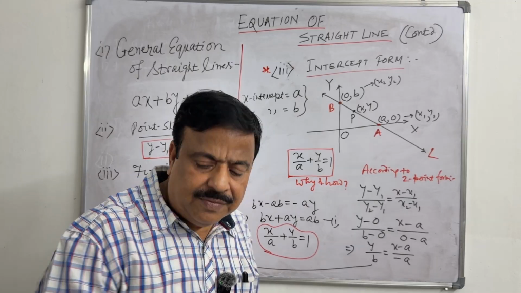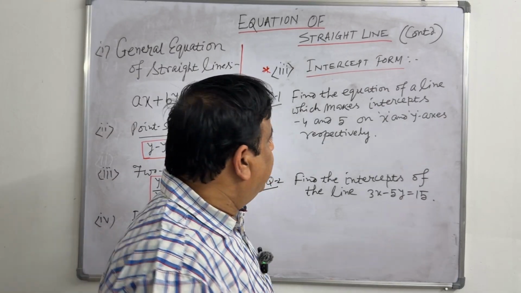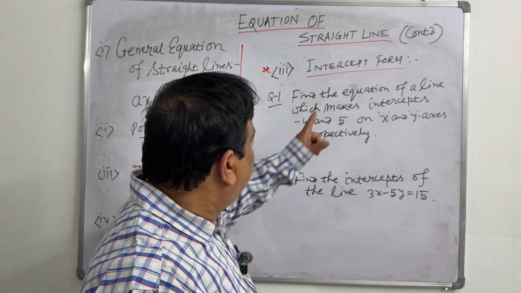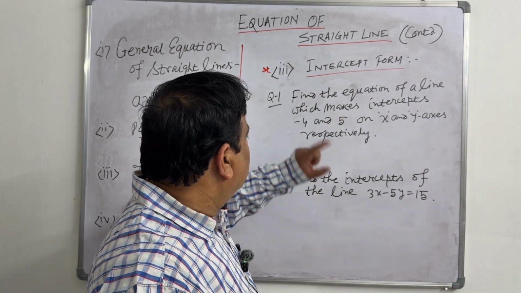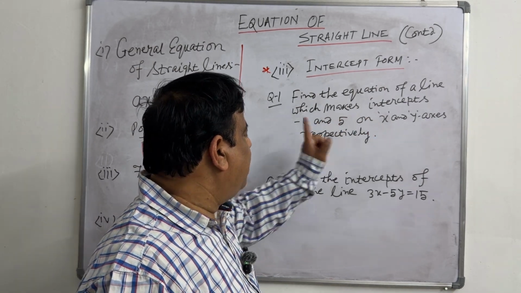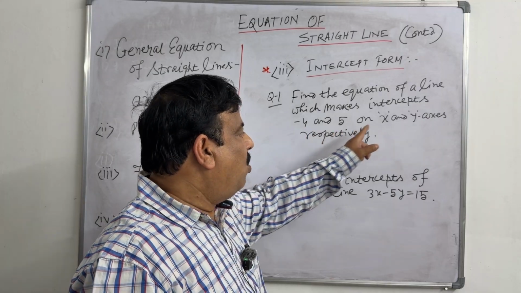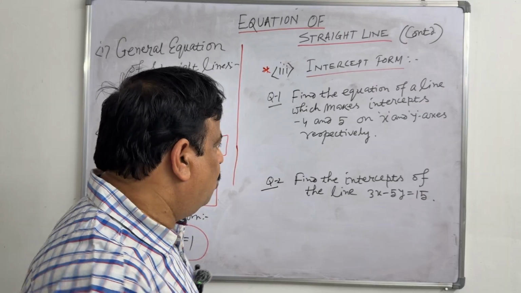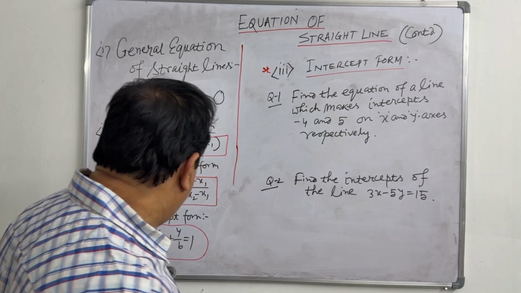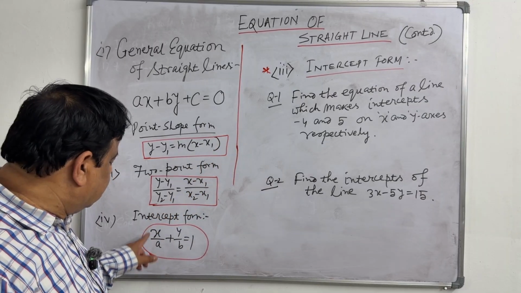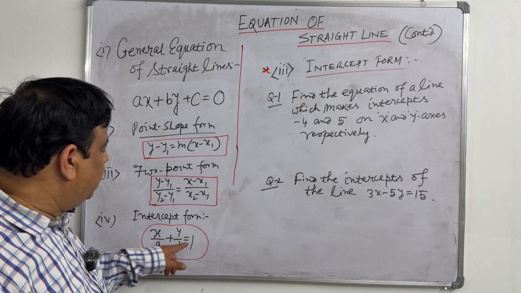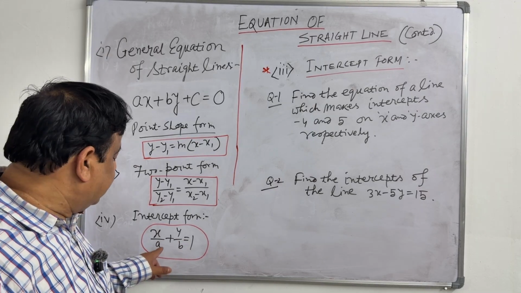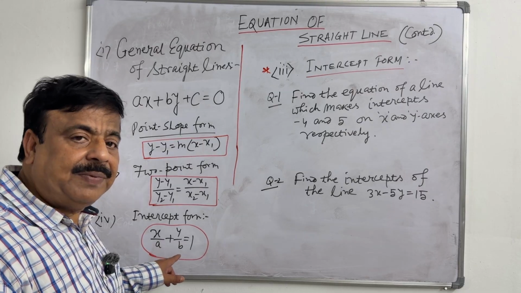Okay, let's see. Related to intercept form, there are two questions given here. First question: find the equation of a line which makes intercepts minus 4 and 5 on the x and y axis respectively. The equation is x by a plus y by b is equal to 1, where a and b are the x-intercept and y-intercept respectively.